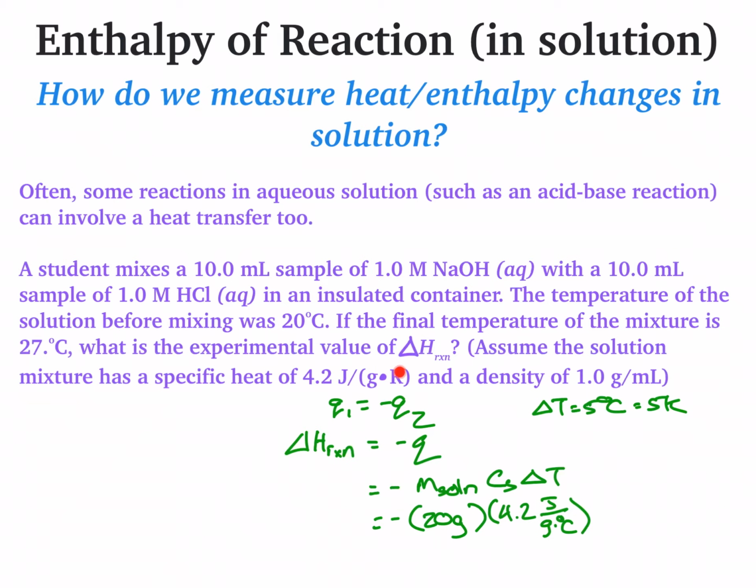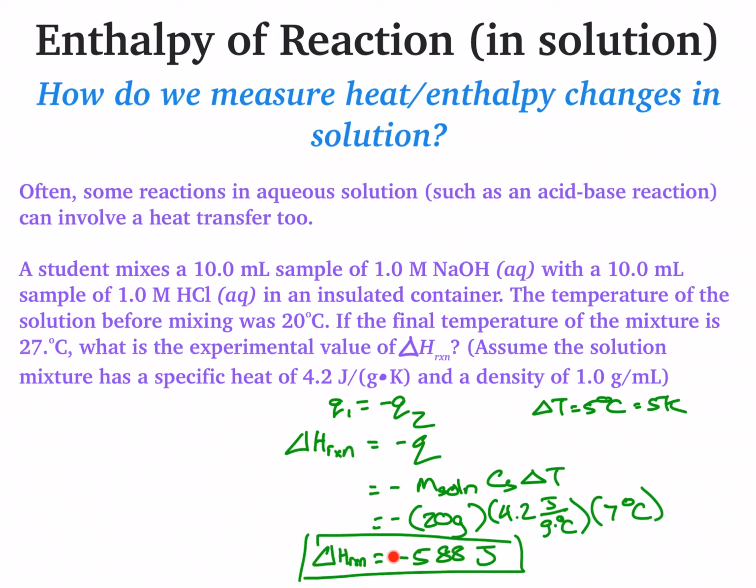That's why we can substitute Kelvin into this question, or use degrees Celsius as well. And so delta T is going to be 7 degrees Celsius. I'm going to plug this in and solve. And when I do, I get negative 588 joules as my enthalpy of reaction, my delta H reaction.